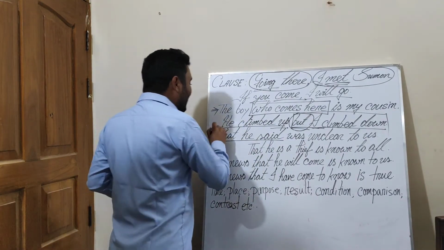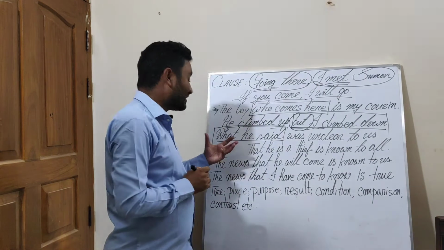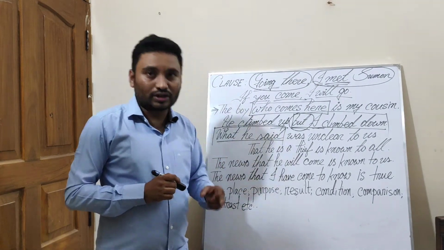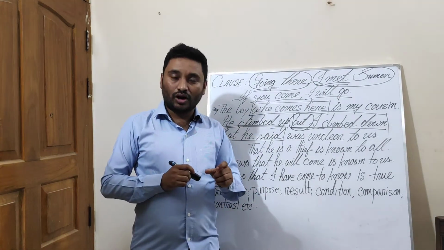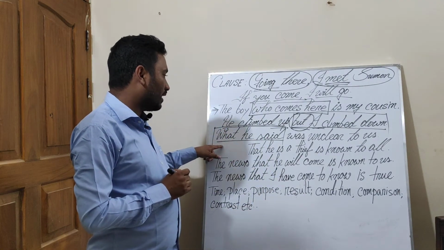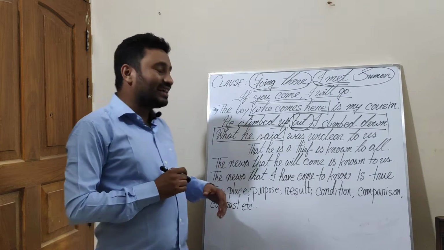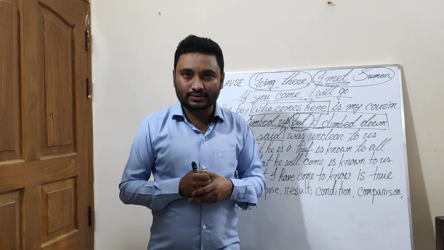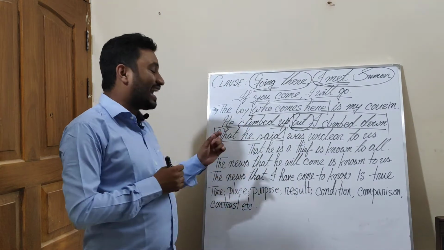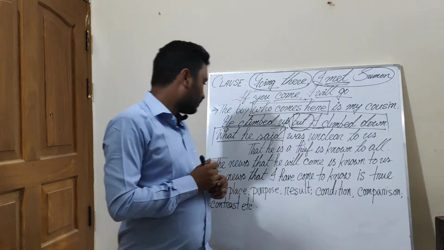Here the clause what he said has acted as a subject, has acted as a noun. And noun clause acts as a subject or as an object. Like I can say the same sentence by using this clause as an object. Like I can say, it is unclear to us what he says. So what he says or what he said is a noun clause. It acts as a noun.